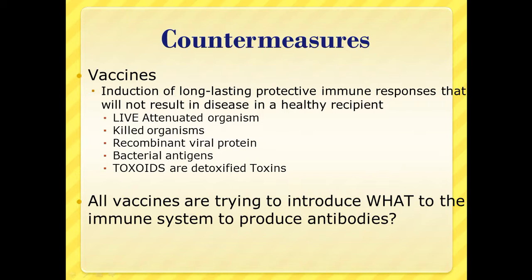Did I skip over any? Oh, recombinant viral DNA. This is when they take bacteria or yeast and they make large quantities of a single protein from the bacteria. So we know one distinguishing feature of the bacteria or of the virus, and we make all of these clones of that little piece of protein.